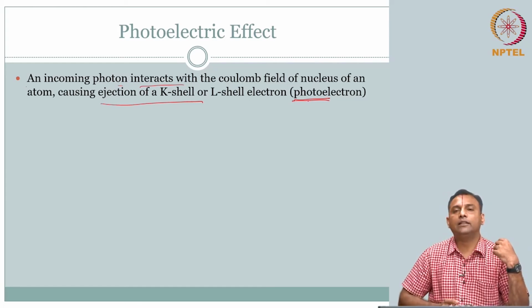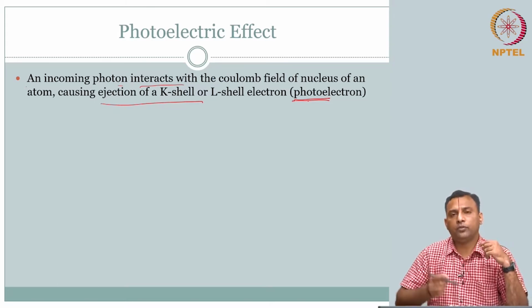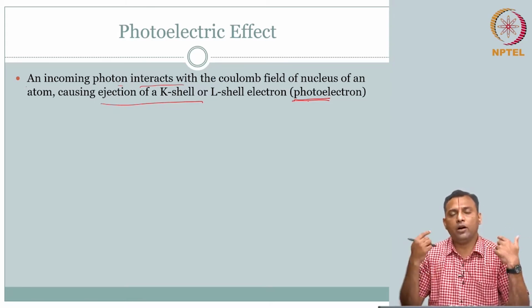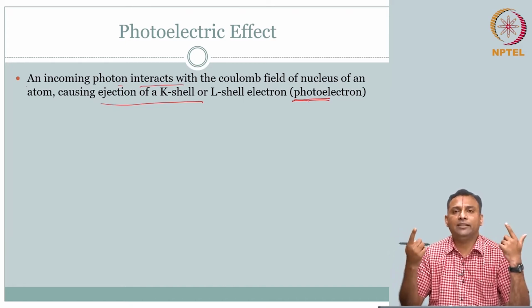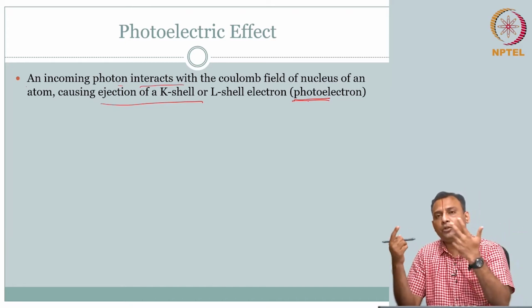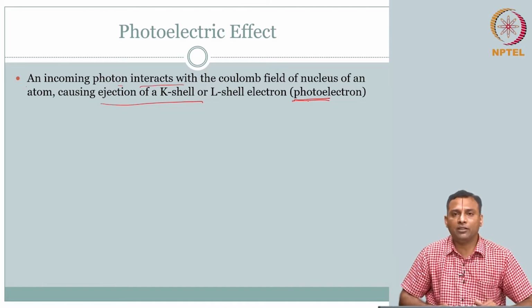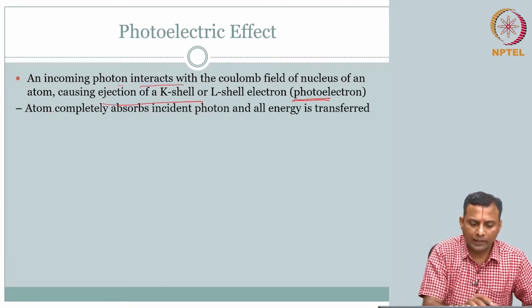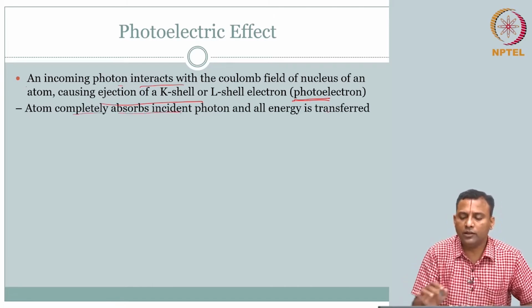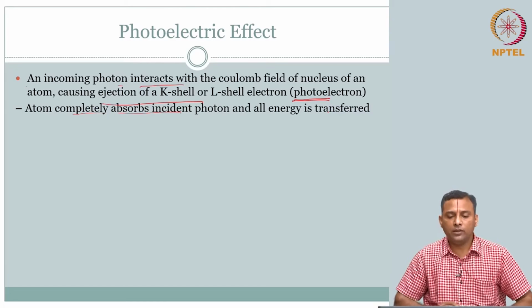This photoelectron can do what we studied before, right. That is an electron which has energy. So, being particulate, it can subsequently go on to do whatever interactions we already covered for particulate radiation. So, the atom completely absorbs the incident photon and all the energy is transferred.